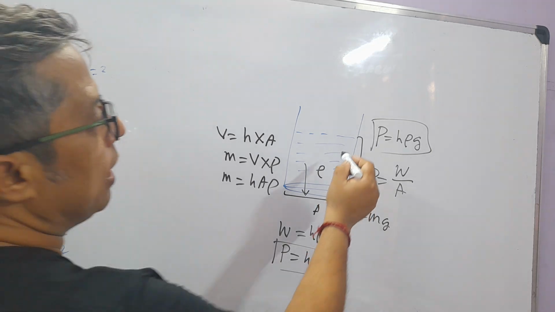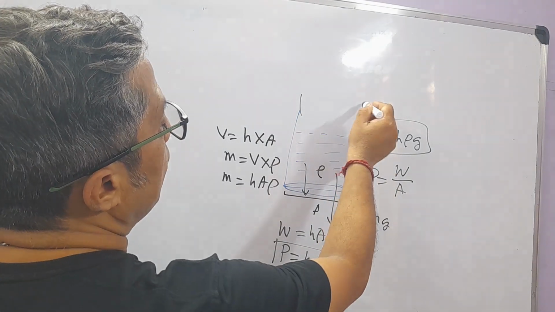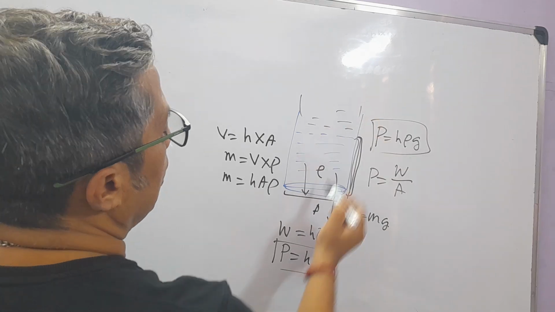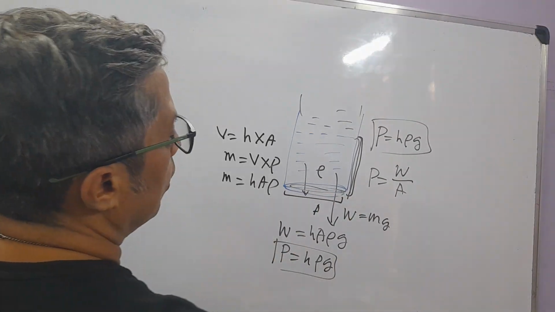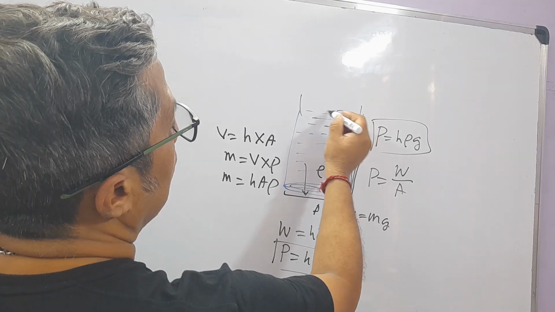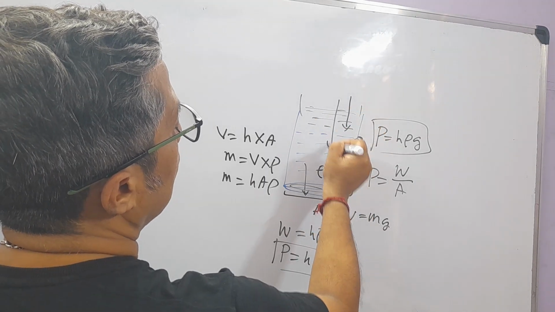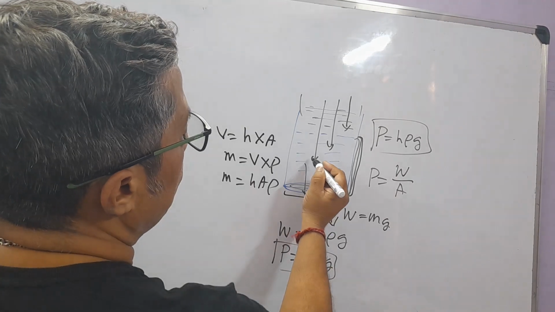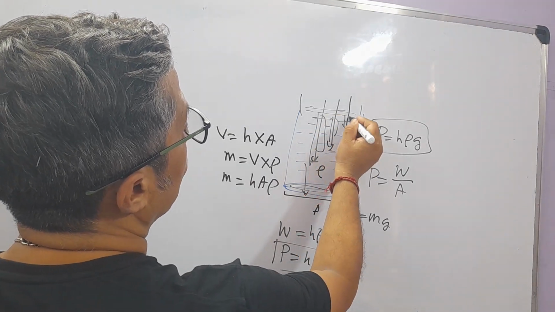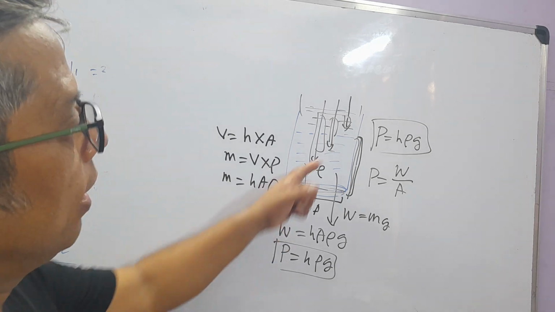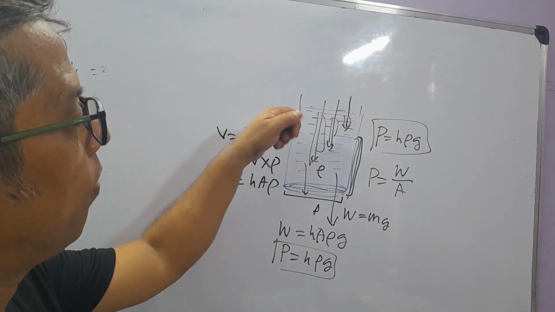So liquid pressure depends on the height of the liquid. If you increase the liquid height, the pressure will increase in this area, right? One more thing: if this is the surface, as you go deeper your pressure will increase, because at every point it measures the liquid column. Once you increase the liquid column, the pressure increases in the deep of the sea or any water content.